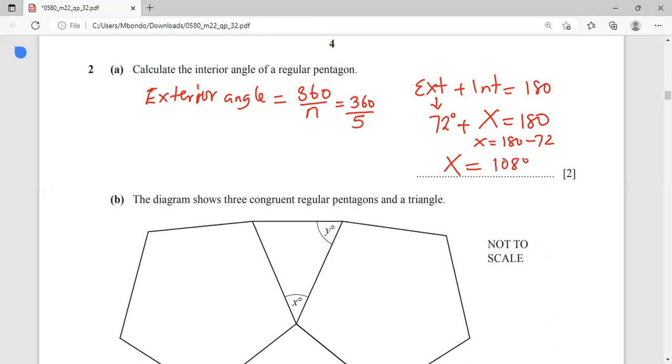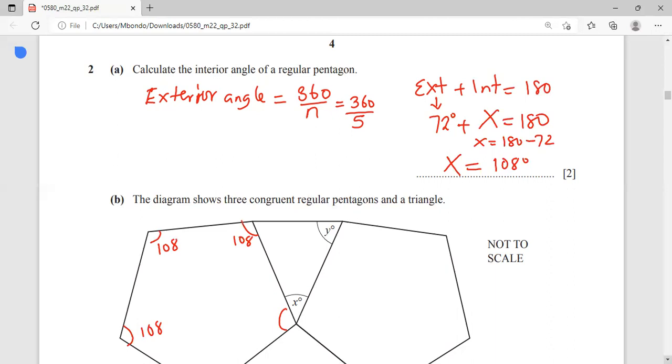So that means that the interior angles, all these angles here, because these are pentagons here. The diagram below shows 3 congruent regular pentagons. So these angles here, each one of them is 108. I'm just giving you the idea: 108, okay?